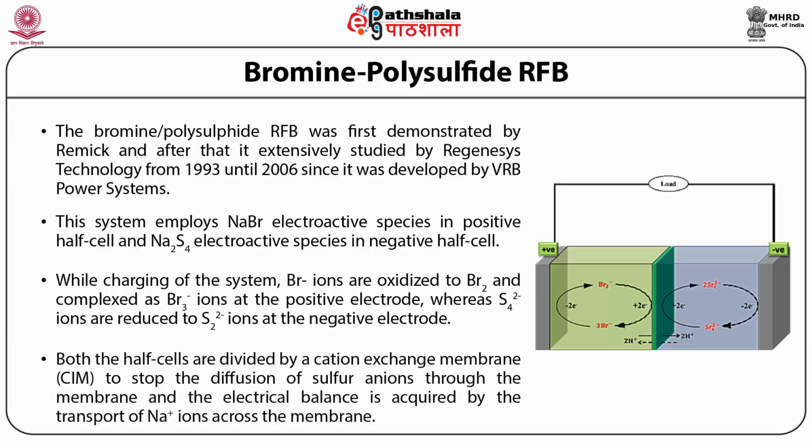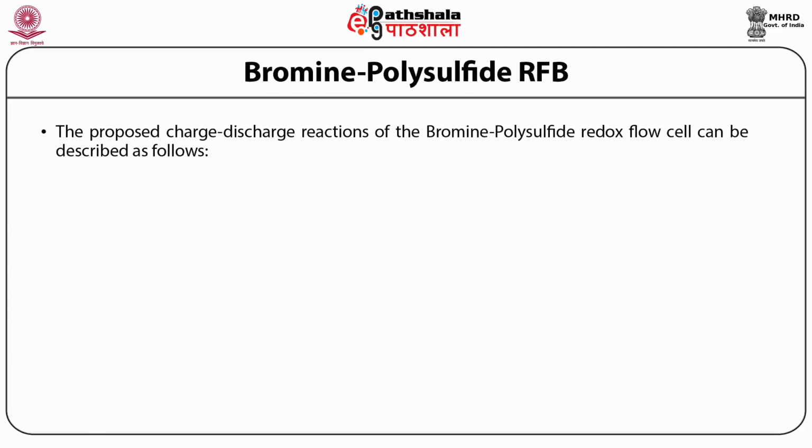Both the half cells are divided by a cation exchange membrane, CEM, to stop the diffusion of sulfur anions through the membrane, and the electrical balance is acquired by the transport of Na+ ions across the membrane. The proposed charge-discharge reactions of the bromine polysulfide redox flow cell can be described as follows.